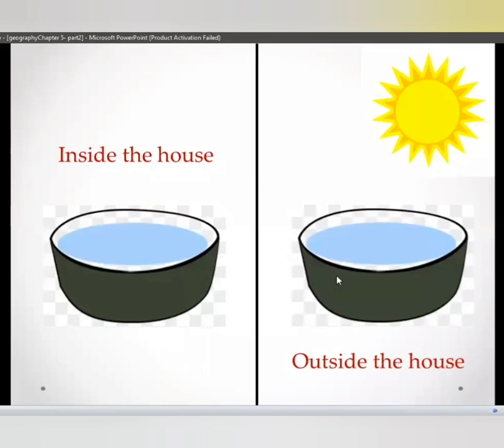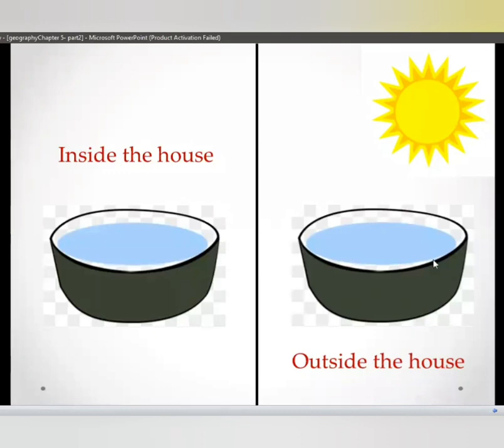Now, at sunrise, that is in the morning, keep one of the bowls inside the house, whereas keep the other bowl of water outside the house. Now you have to see that this bowl remains in the sun all the time. ये वाला बोल जो है वो सन के नीचे होना चाहिए जब तक तुम लोग इसको हटाते नहीं हो.